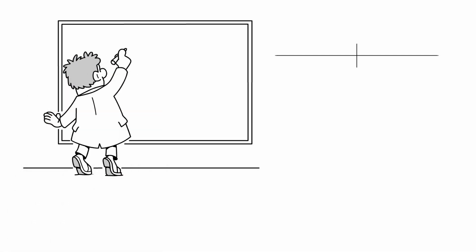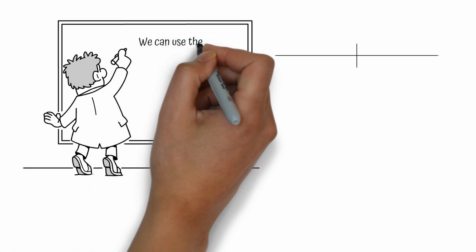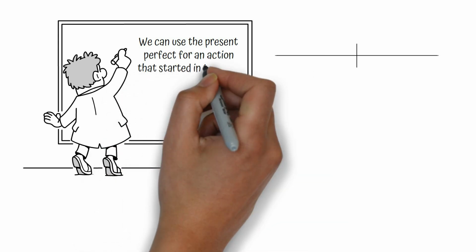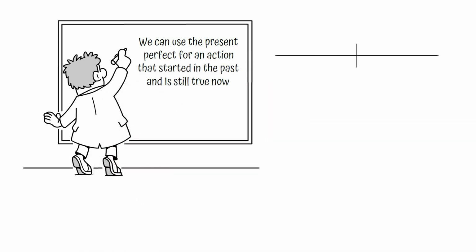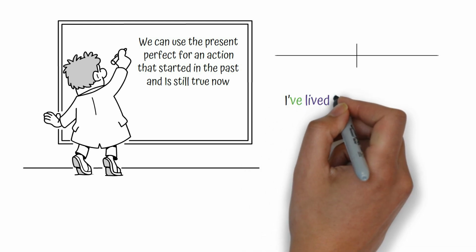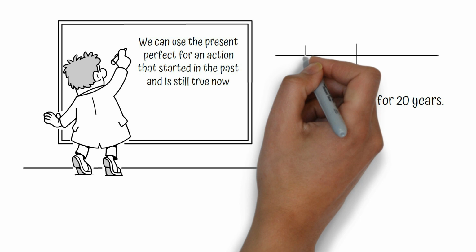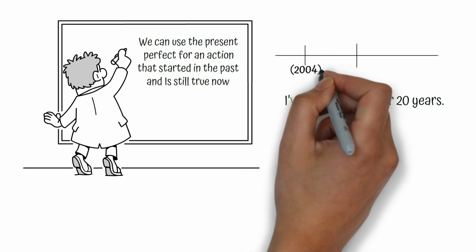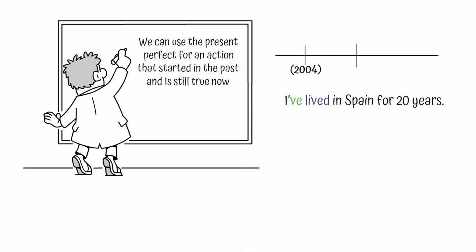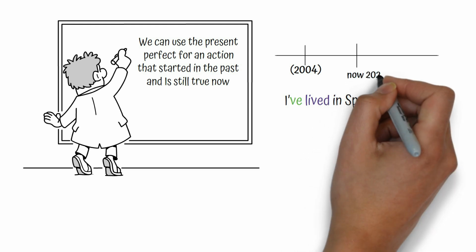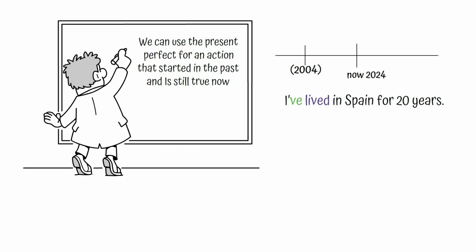We can use the present perfect for an action that started in the past and is still true now. For example, I've lived in Spain for 20 years. I moved to Spain in the year 2004. Now, at the moment of making this video, it's the year 2024 and I still live in Spain.